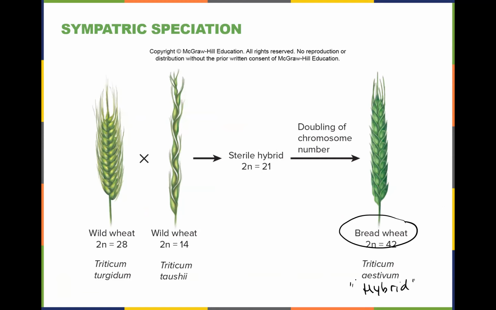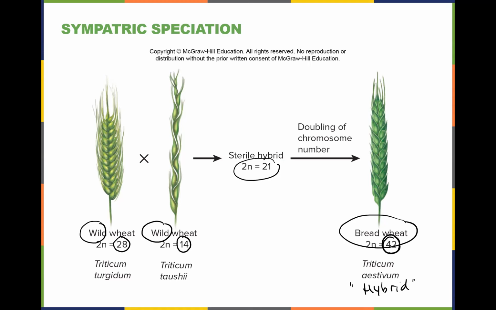Okay, it's a hybrid plant, or wheat, coming from a wild wheat and another type of wild wheat, causing them to produce a new type of wheat they call bread wheat, that actually has a different number of chromosomes. Okay, this is the combination between the wild wheat that has 28 chromosomes with another wild wheat that has 14 chromosomes, creating a hybrid.